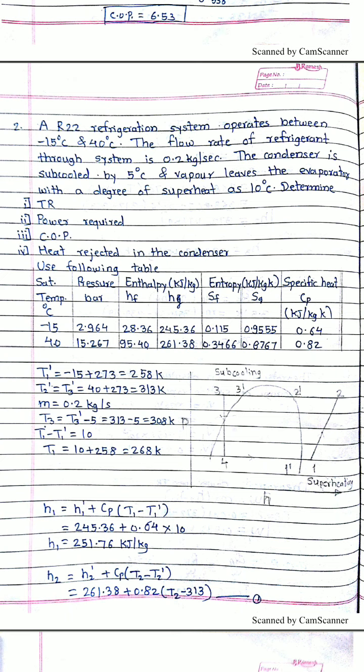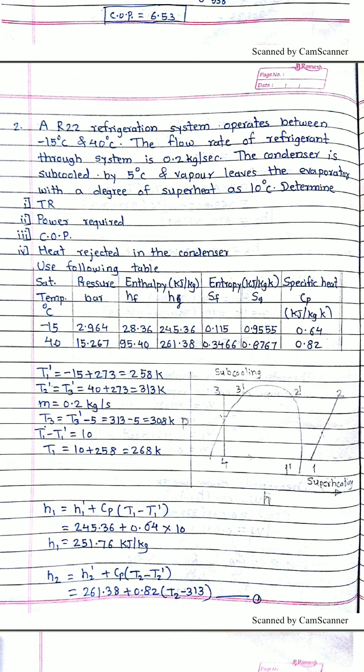So for minus 15 degrees Celsius, the pressure is given as 2.964 bar, enthalpy of liquid is 28.36 kilojoule per kg, enthalpy of vapor Hg is 245.36, entropy of liquid is 0.115, entropy of vapor Sg is 0.9555, and specific heat is 0.64 kilojoule per kg Kelvin.